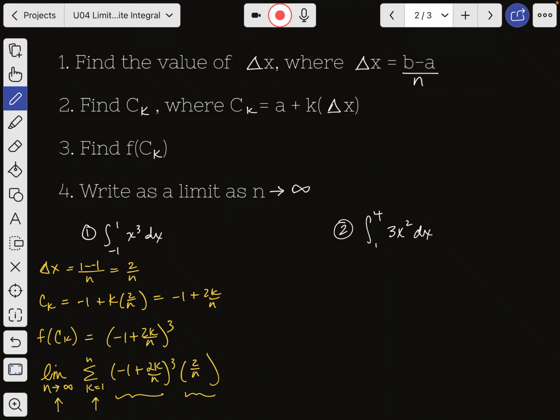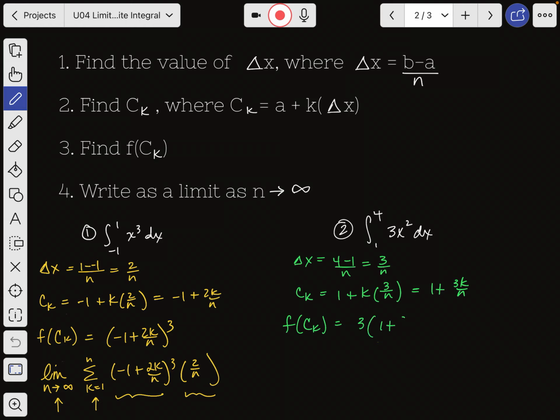Okay, so let's try it again. Number 2. First step, find delta x. Upper limit minus the lower limit divided by n. So this is just 3 over n. C sub k is the lower limit plus k times delta x. 1 plus 3k over n. F of c sub k is the function evaluated at that c sub k value.